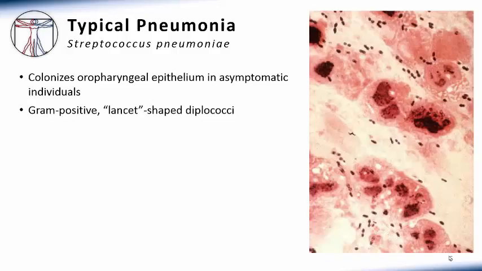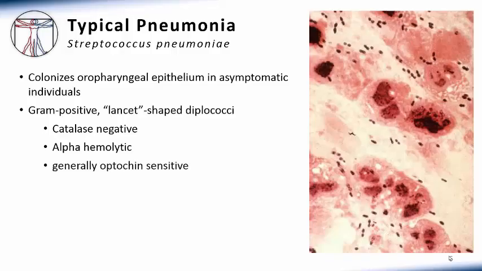This organism is a gram-positive bacterium, and it has a lancet-shaped diplococcus morphology as demonstrated in the gram stain of an expectorated sputum on the right side of the slide. Like all streptococci, it is catalase negative. On a blood agar plate, it will produce an alpha pattern of hemolysis, and to differentiate it from other similar streptococcal species, it is optochin sensitive.